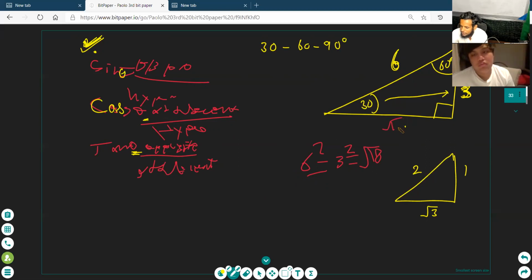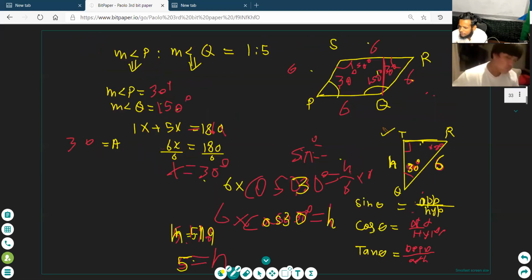We don't need this, okay? According to this concept, this is 6, then our h is 30. You are also making it wrong. See here: 30 is here and 60 is here. We made the figure wrong.